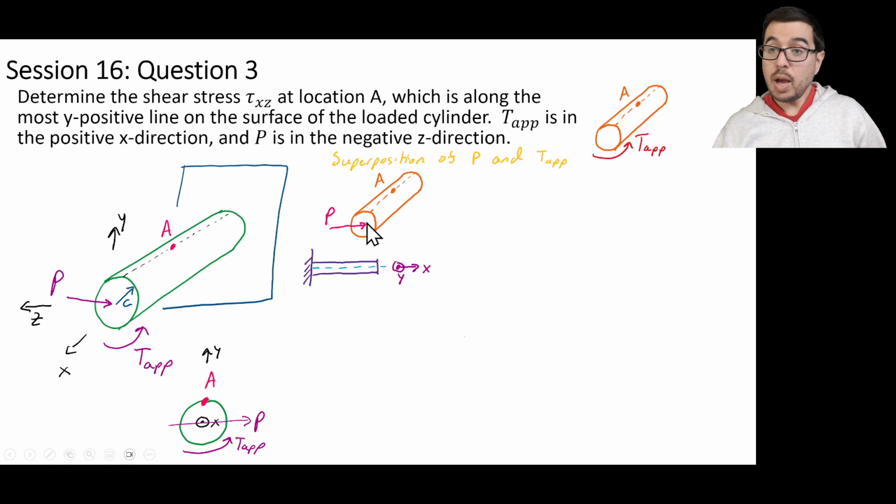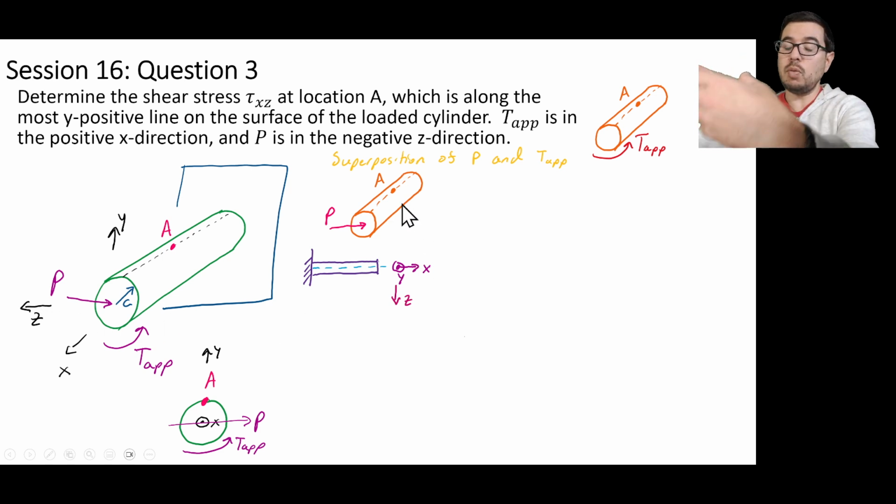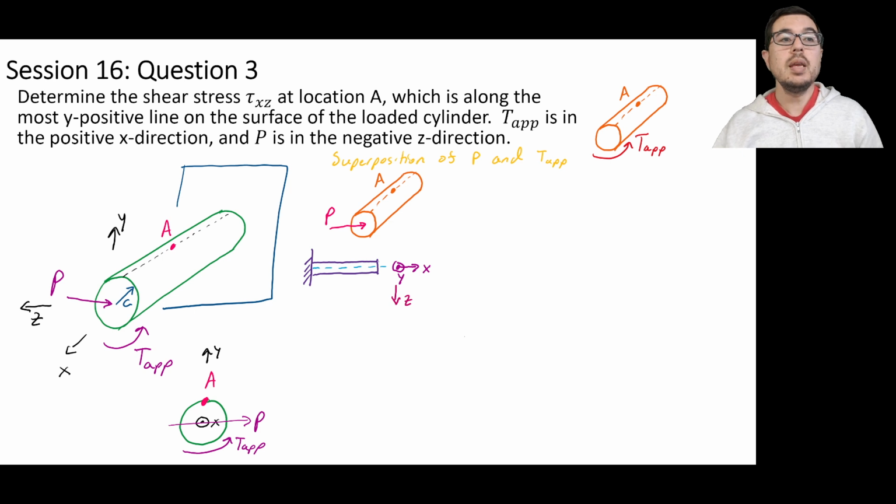Look, y was coming out up the top through A, as the question says, that A is at the most y positive line on the surface of this cylinder. Okay, so y is coming out at us, and that means that z is going to be going downward. So essentially we've taken this structure and rotated it. It's now facing us, such that load P will be going in the minus z direction and be going upward.